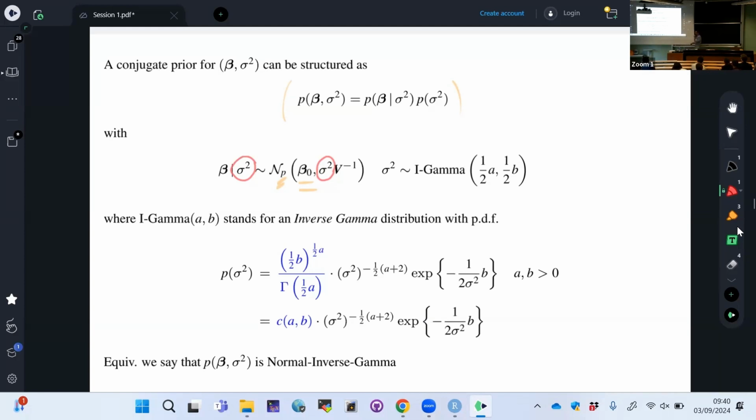Another way to say the same is that the vector parameter beta, sigma squared has a normal inverse gamma distribution, which means that the conditional of beta given sigma squared is multivariate normal and the marginal on sigma squared is instead inverse gamma. Another way to say the same is that the joint is normal inverse gamma.